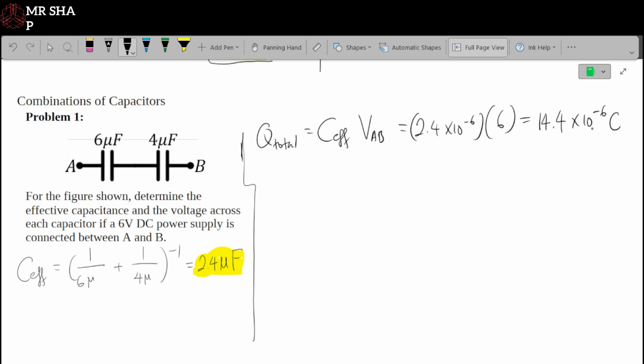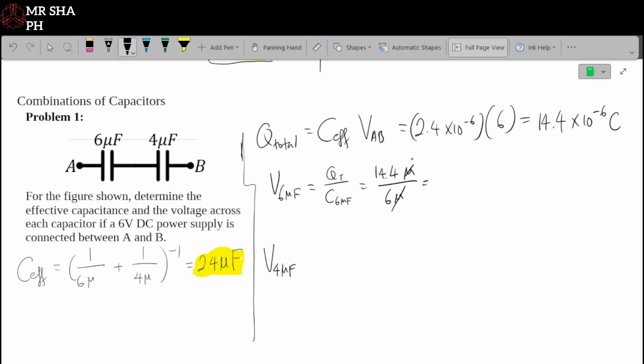Once I have that, I can find the voltage across the 6 mu farad as well as the voltage across the 4 mu farad. All I need to do is divide Q total by the capacitance of the 6 mu farad. So I'm going to have 14.4 mu over 6 mu.